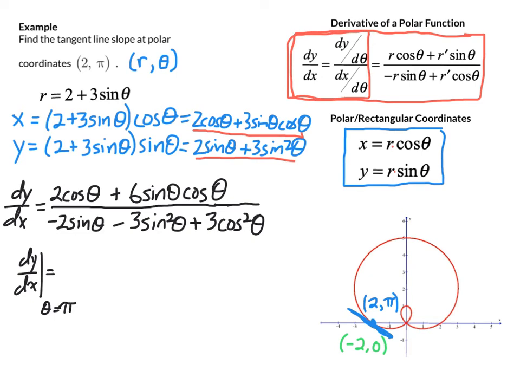And so we see here that we get 2 times the cosine of pi, which is negative 2. Anywhere where you see a sine now, this is going to be 0. Sine of pi is 0, so negative 2 plus 0, divided by 0 minus 0. And then here we have cosine squared, so that's going to be a plus 1, so plus 3. And we see that our tangent line slope there is negative 2/3.